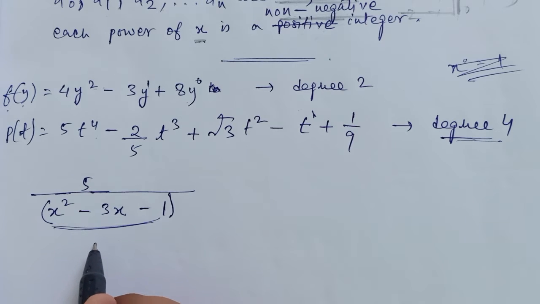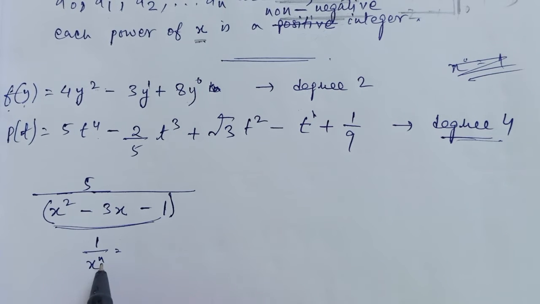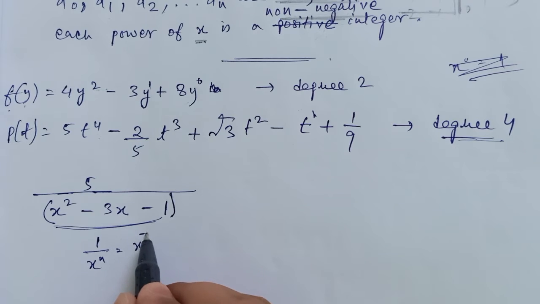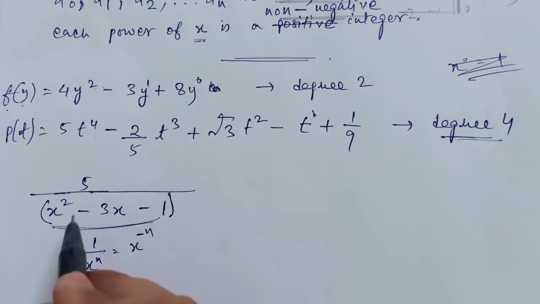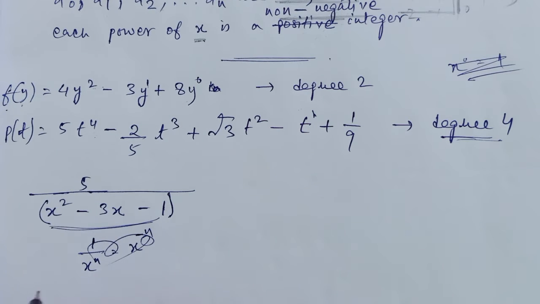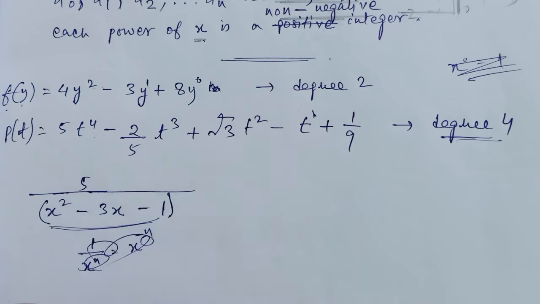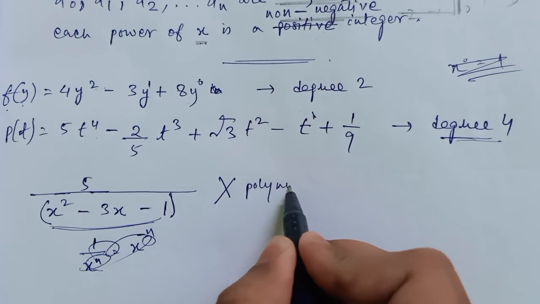Because by the laws of exponents, if you write 1 by x to the power n with respect to the numerator, the result will be x to the power minus n. So the power is becoming negative. In this case also the power will be negative. So we are getting negative powers, and this kind of expression is not a polynomial.